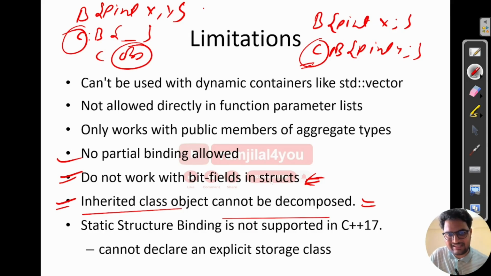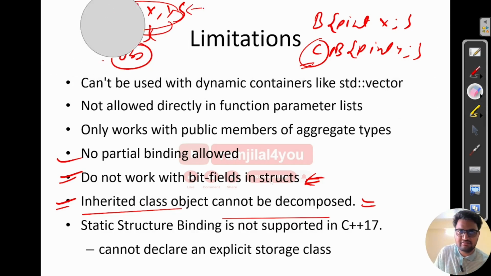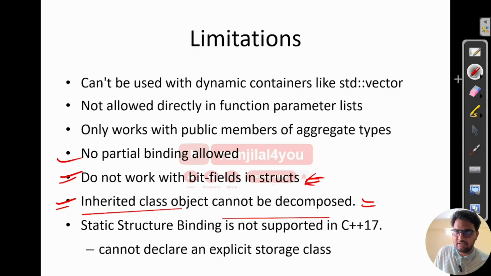It simply says inherited class object cannot be decomposed, but that is what is mentioned here. Or vice versa, if these members are in the child class and nothing is in the base class, it also works fine. So these are the limitations. I hope it is clear. Inherited class object cannot be decomposed, but there are some specific use cases where it works. That is what I have seen.